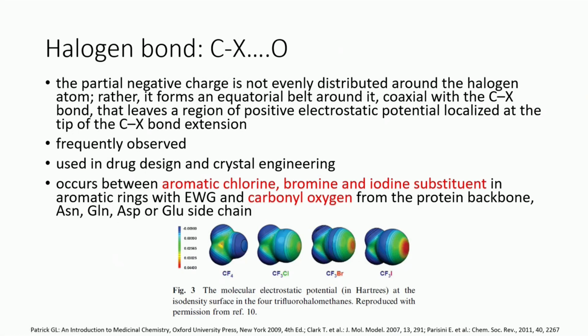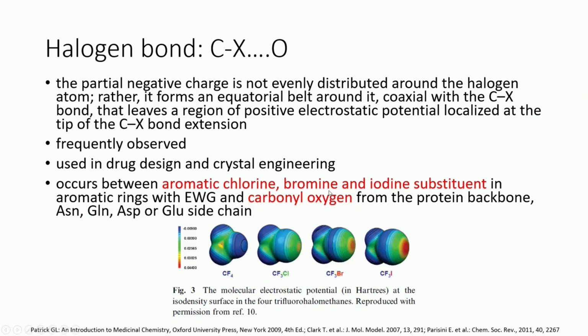So the iodine would be able to create the strongest halogen bond because the positively charged region is the biggest.